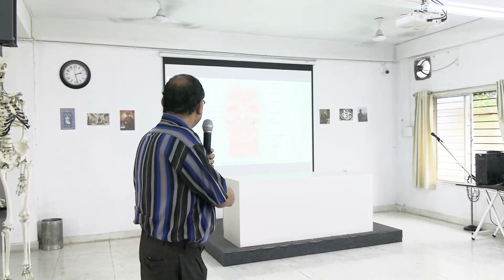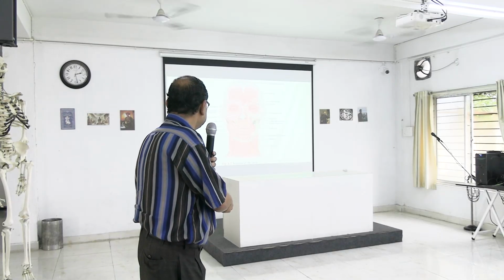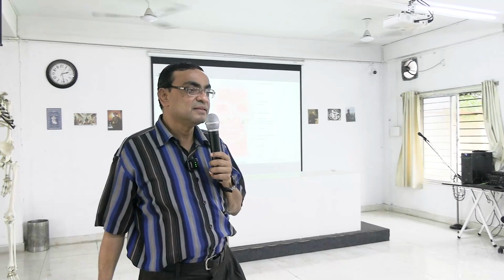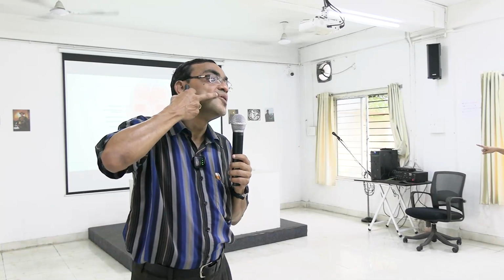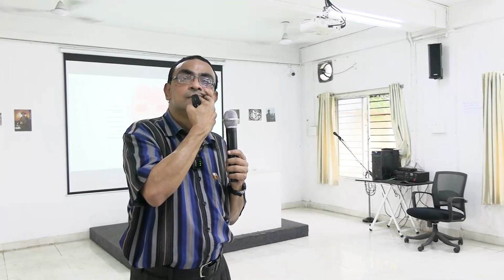And lateral to it we can get another muscle, or it is in a deeper plane, that is the levator anguli oris. That is the elevation of the angle. Levator anguli oris.